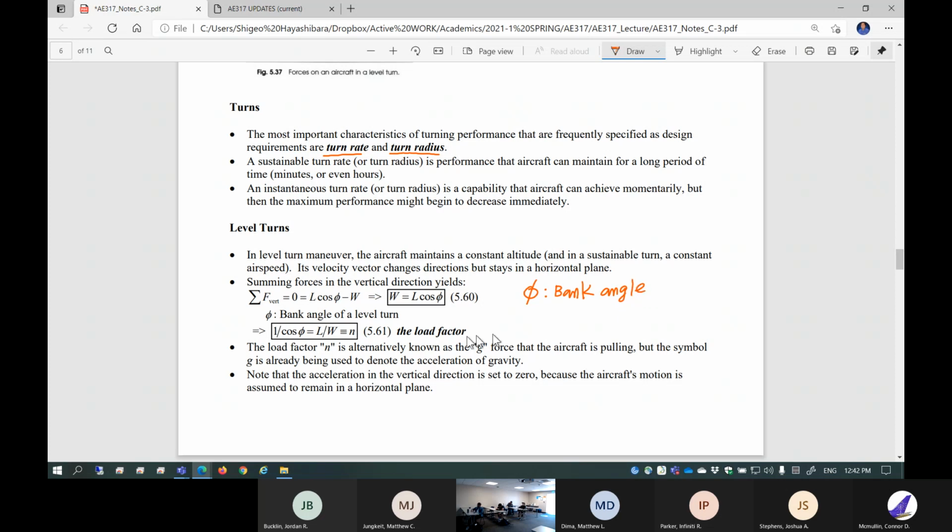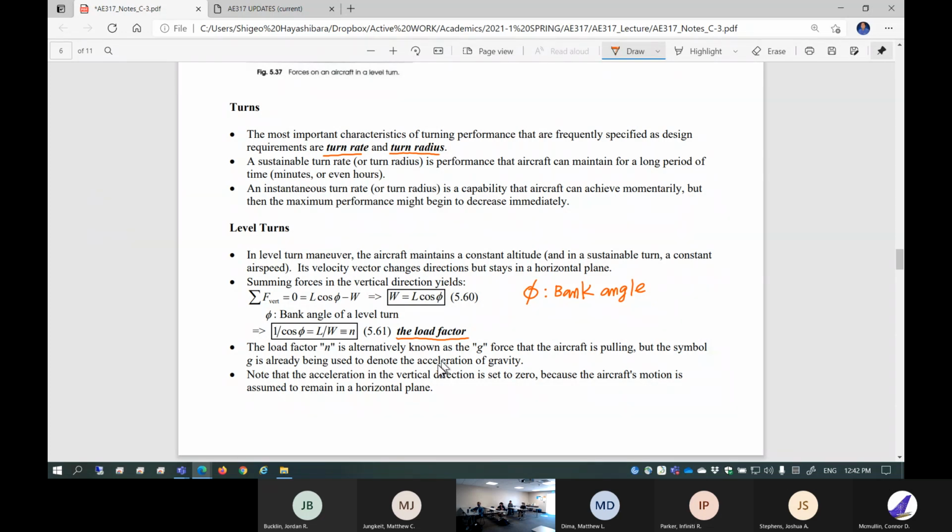So the inverse of cosine phi is actually the ratio of lift to weight. Lift over weight is called N, the load factor. You are actually creating more lift than weight because you are trying to turn. So your wing is under heavy loading. You're creating more lift than you actually support. When you fly level flight, lift equals weight.